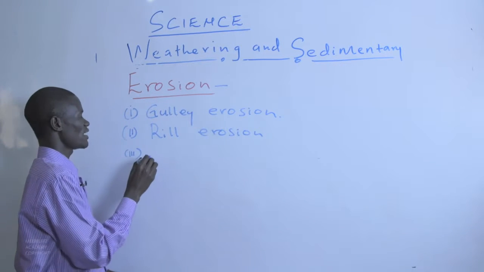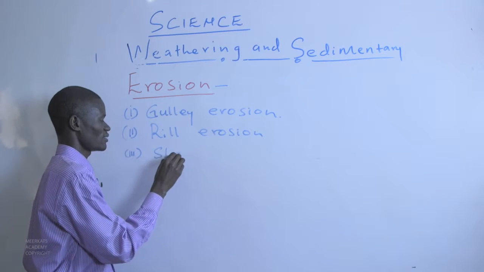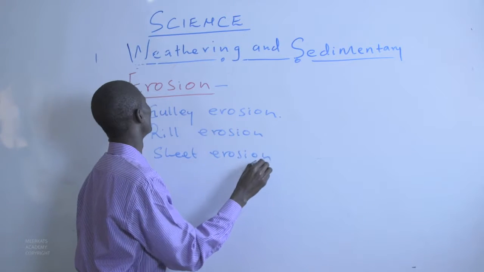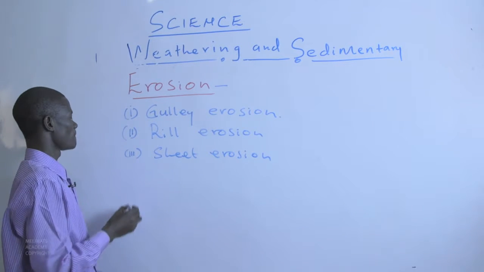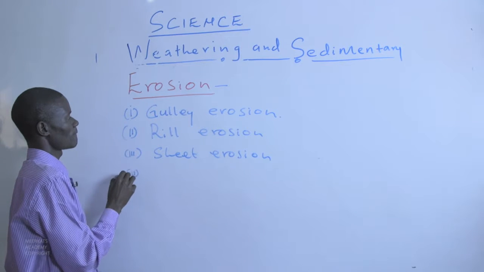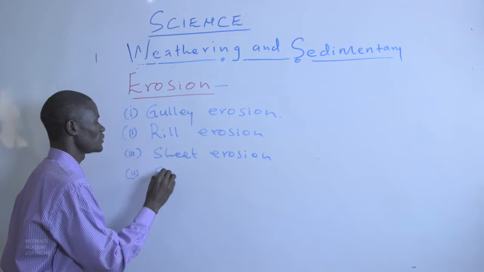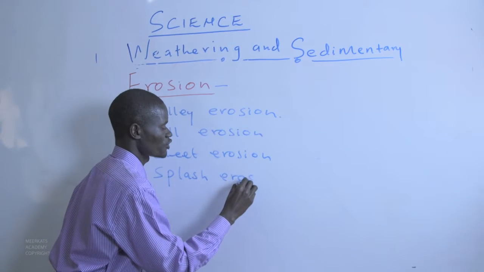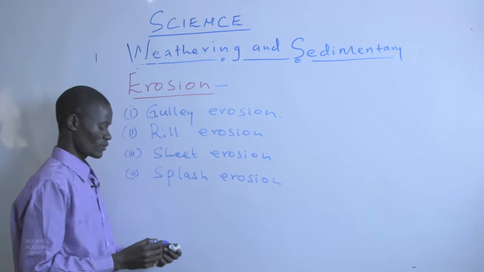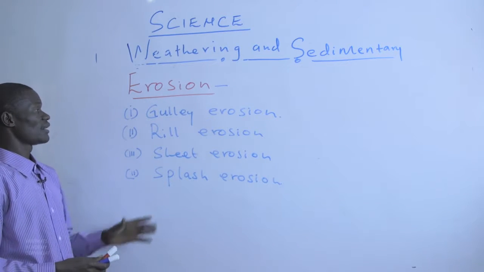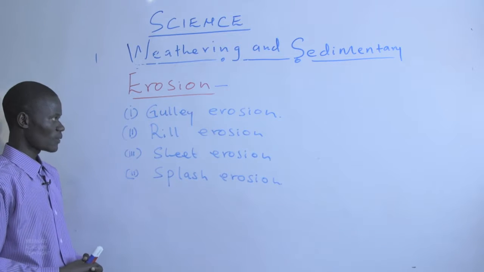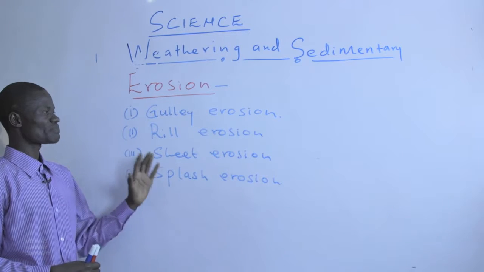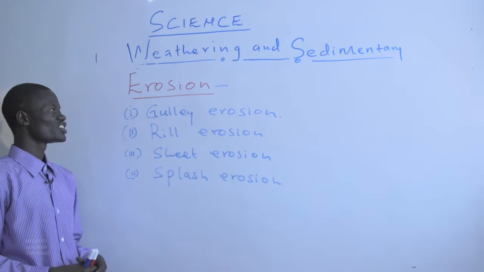Then we will also have sheet erosion. And finally, we have splash erosion. These are the various types of erosion over which the weathered materials may be transported from one point to another.